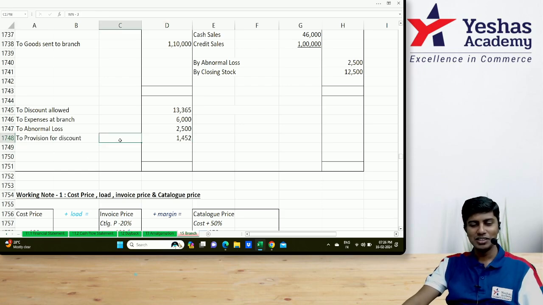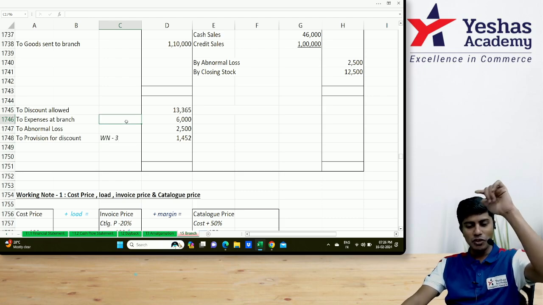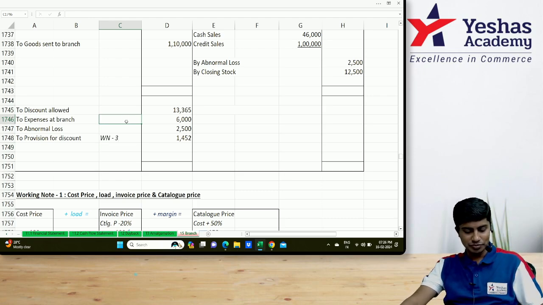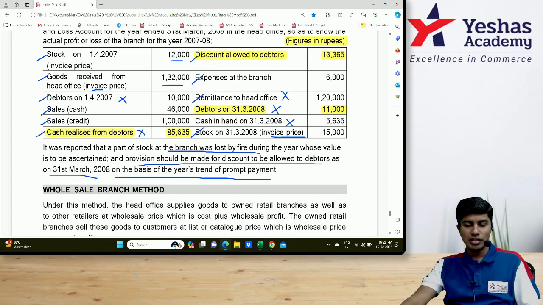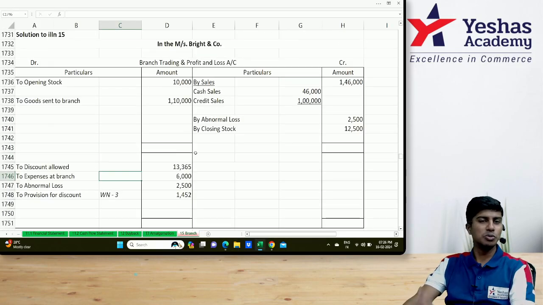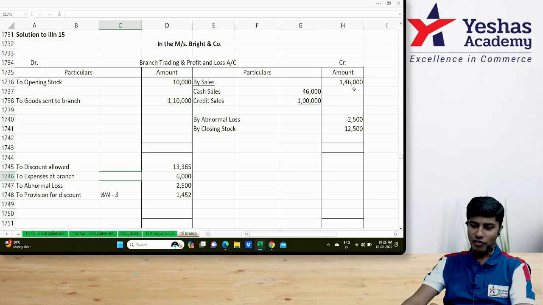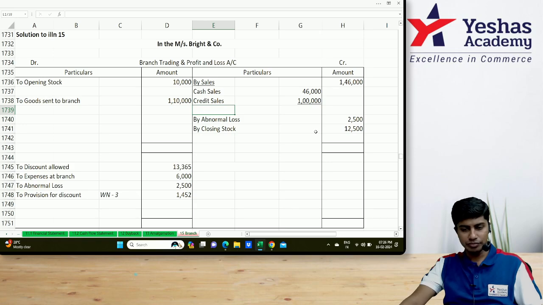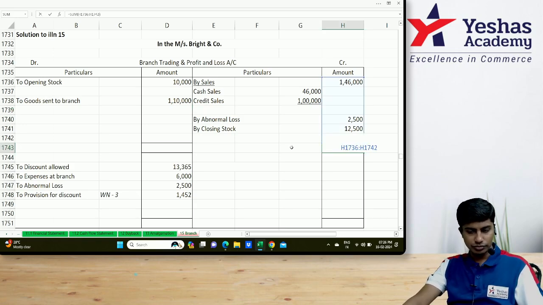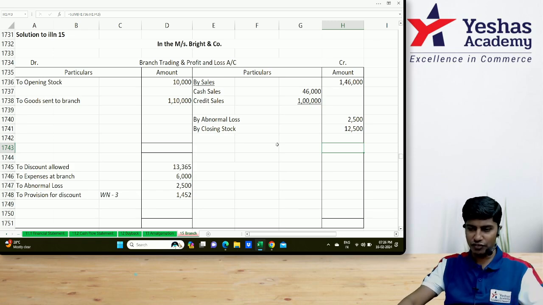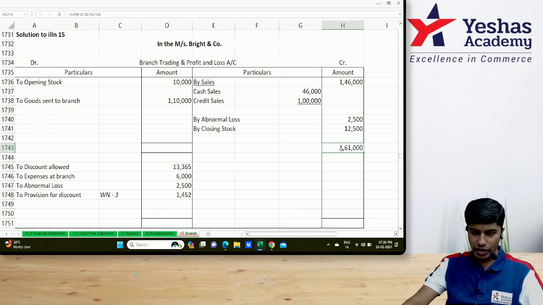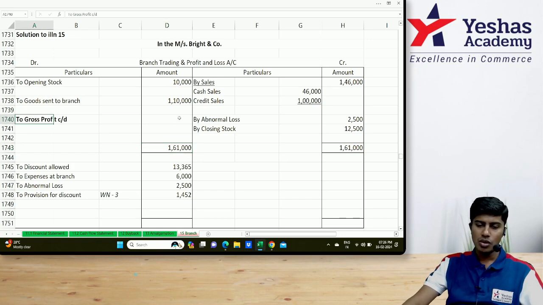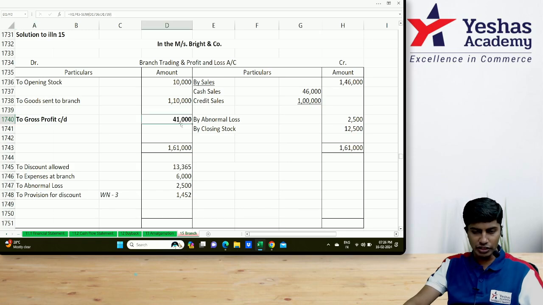Provision for discount, 1,452. We've done a beautiful working note on this. All the adjustments are over. Last one was the most beautiful adjustment, like I mentioned. 1,46,000 plus 2,500 plus 12,500 is 161,000. 161 minus 120, 41,000 is GP.